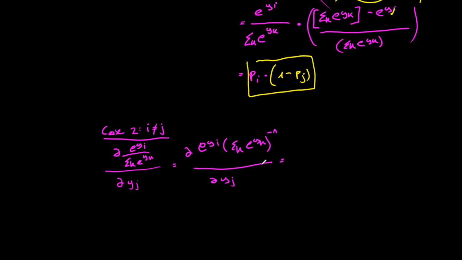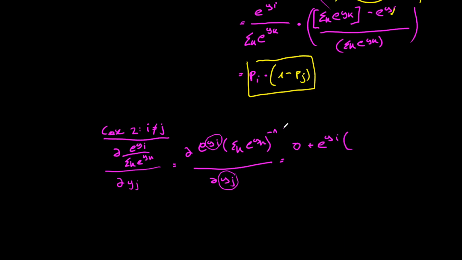So now this element and this element are not the same, so it's just like a constant. So when we apply the product rule, this first term will become 0 multiplied by this whole thing, so it's 0, plus the first element.